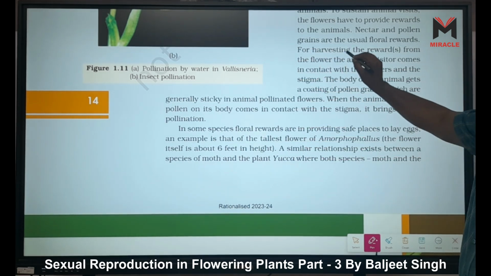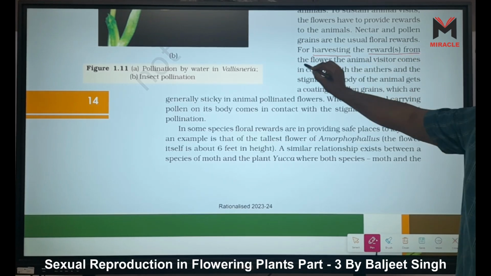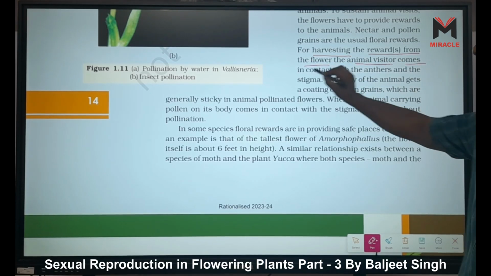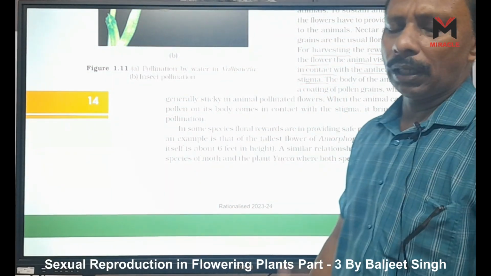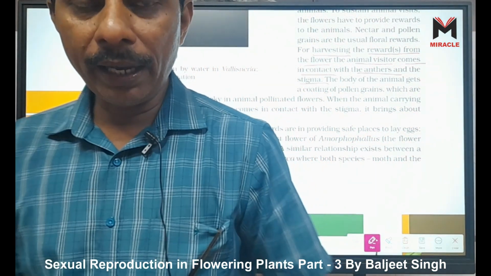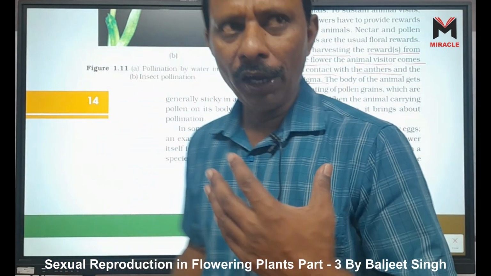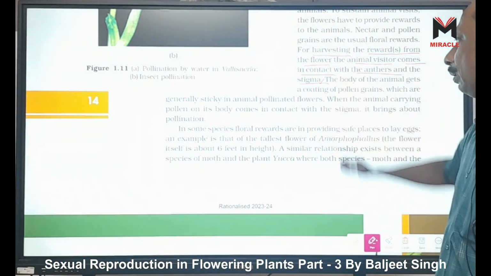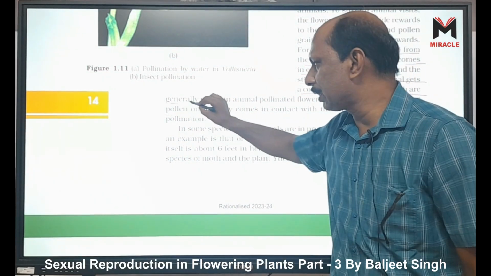For harvesting the rewards from the flower, the animal visitor comes in contact with the anthers and the stigma. When they come to the anthers, they take pollen grain, and when they visit a stigma, they pollinate with this pollen grain. The body of the animal gets a coating of pollen grain, which is generally sticky.